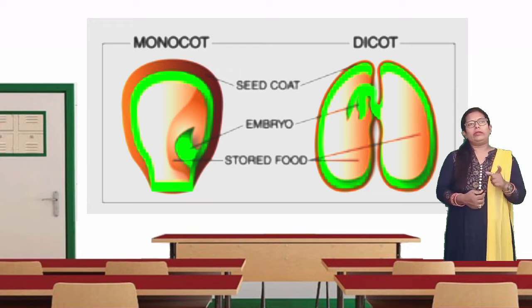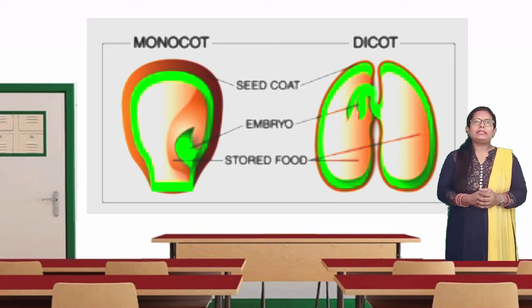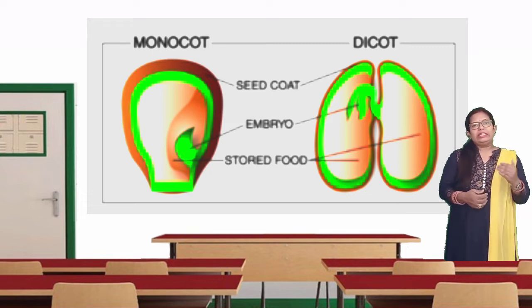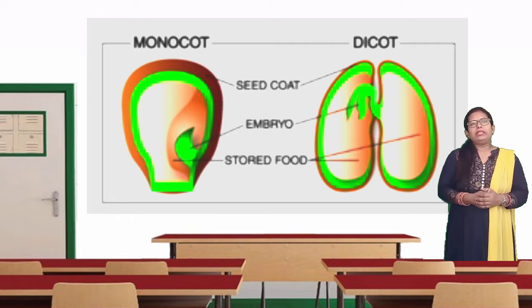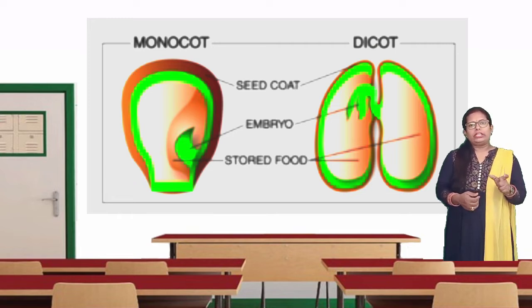In monocot albuminous seeds, only one thin and papery cotyledon is present. Examples are cereals, millets, palm. Whereas in dicot albuminous seeds, two thin and papery cotyledons are present, and examples are poppy, custard apple.